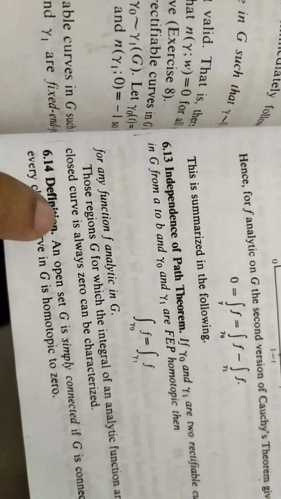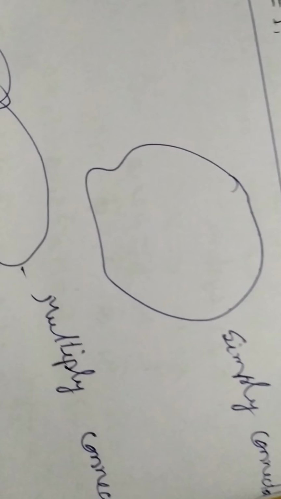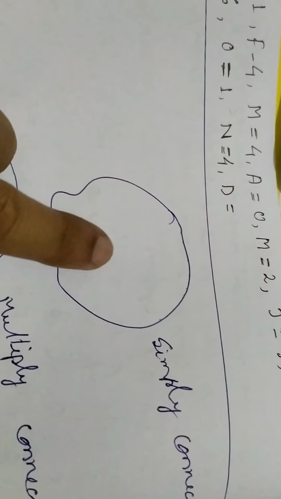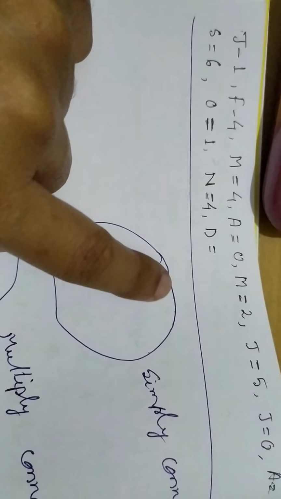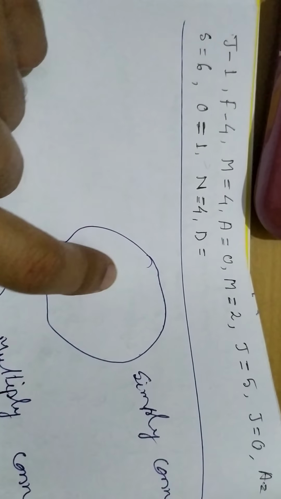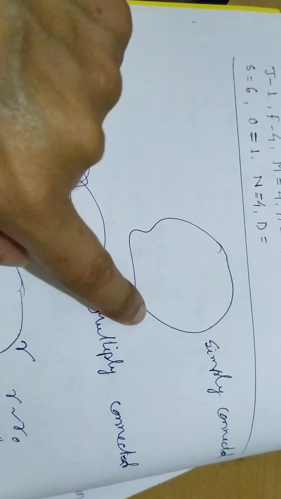Roughly speaking, in the pictorial representation, this is a simply connected region. If I consider any closed curve, it is homotopic to 0, meaning it is homotopic to a constant curve.